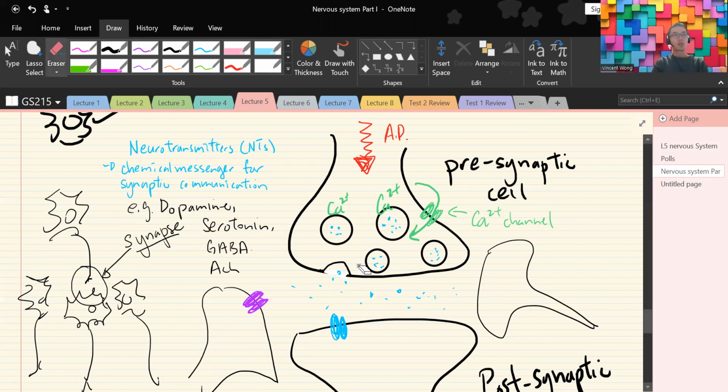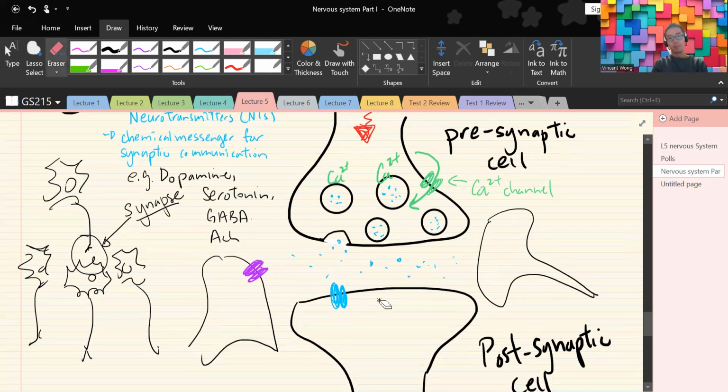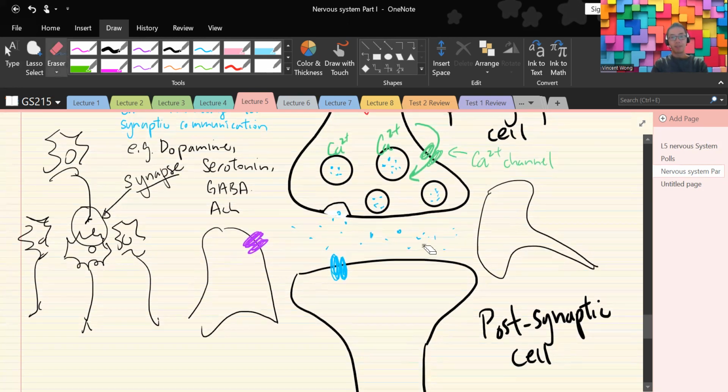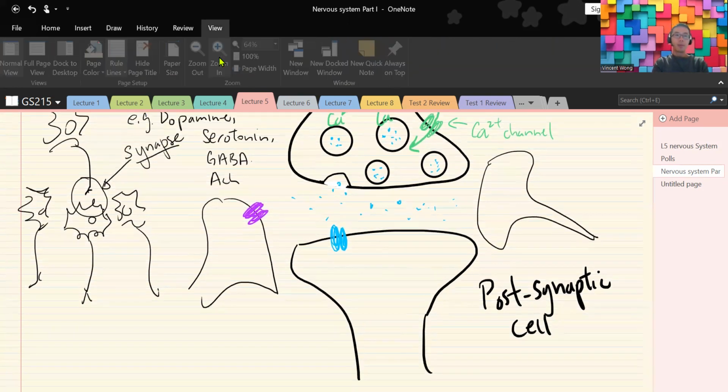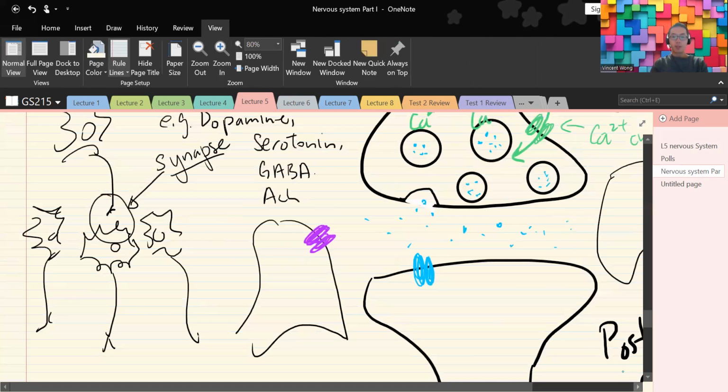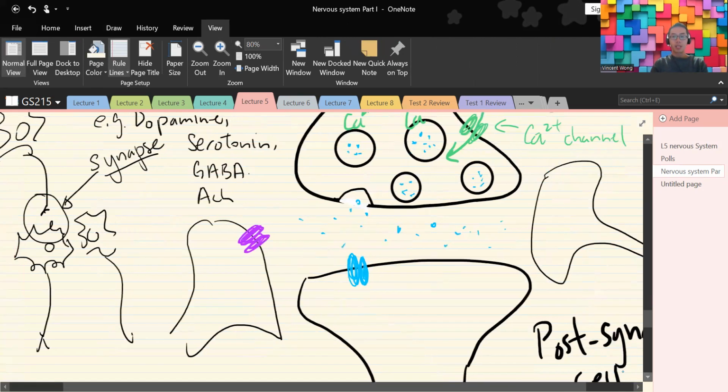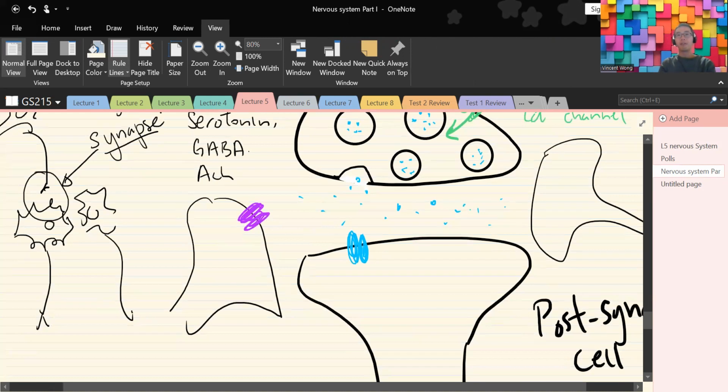You will have exocytosis, if you remember that from last semester, and you will get all these neurotransmitters out into the synaptic cleft. Remember, we were talking about the sodium and potassium channels, and I told you they are controlled by voltage. They only open when you hit a particular voltage.